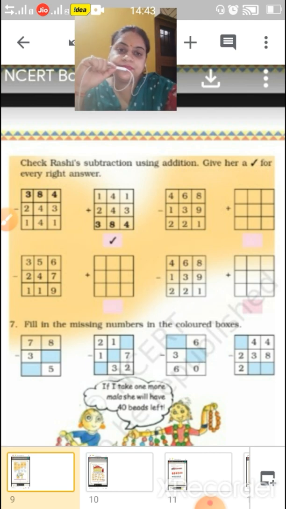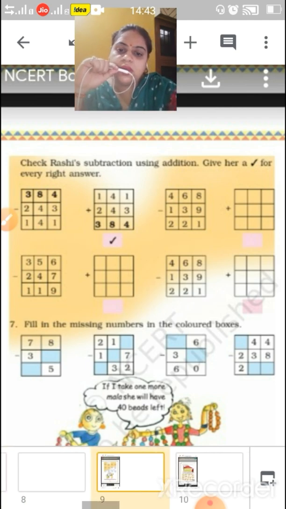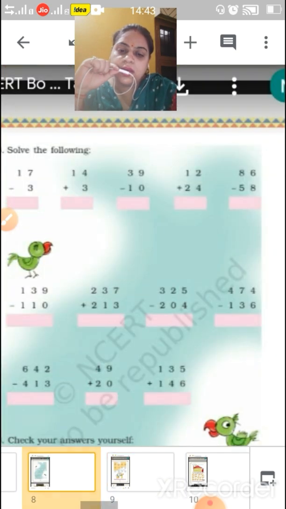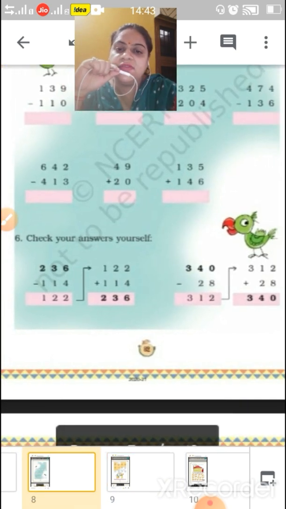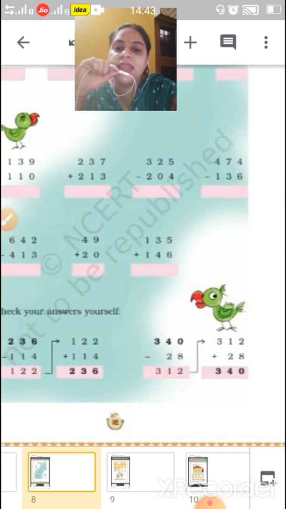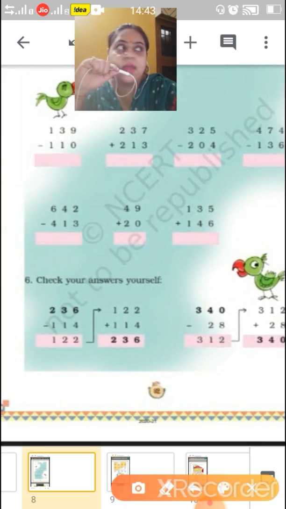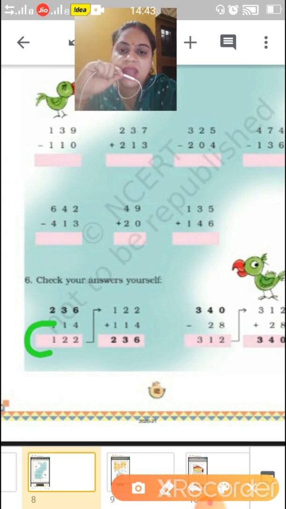Like in this, what they are doing, they are adding this, they are adding this, and they are getting that. Okay, I hope it is clear.